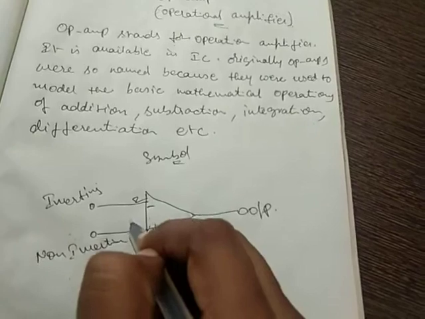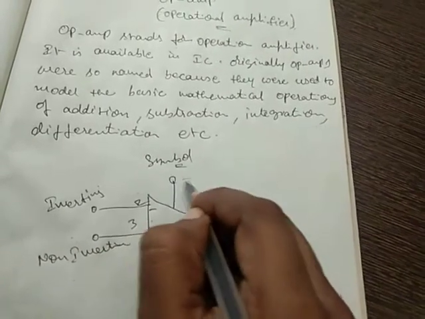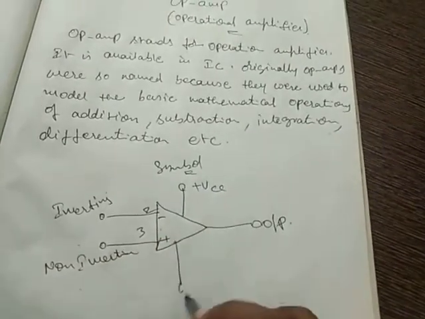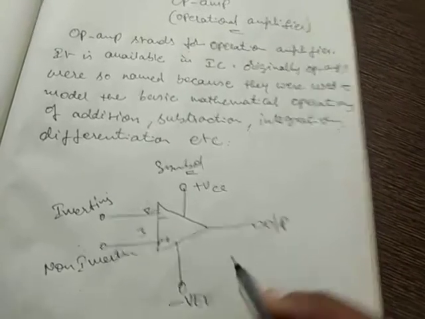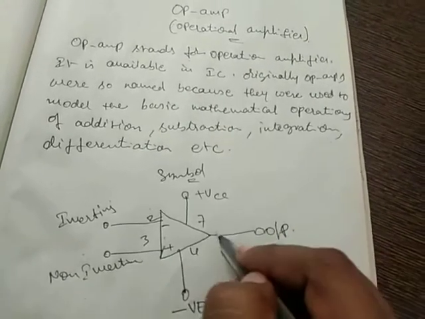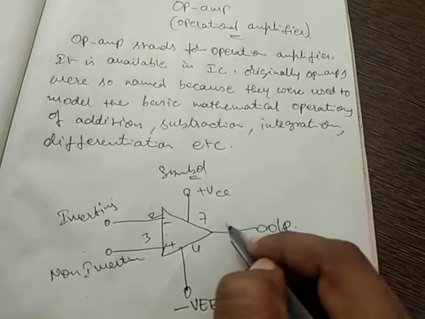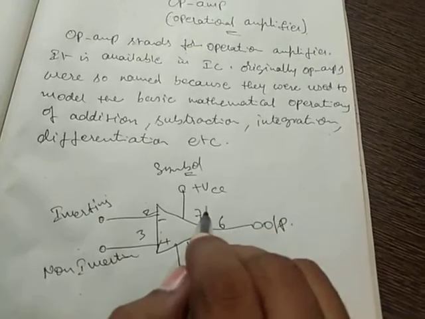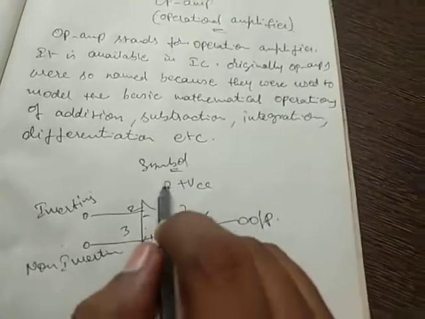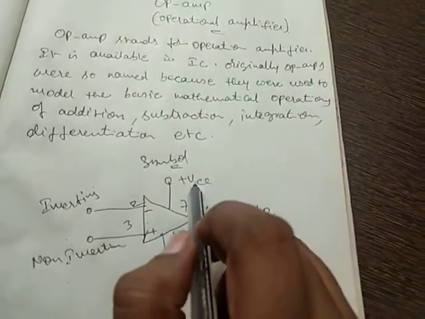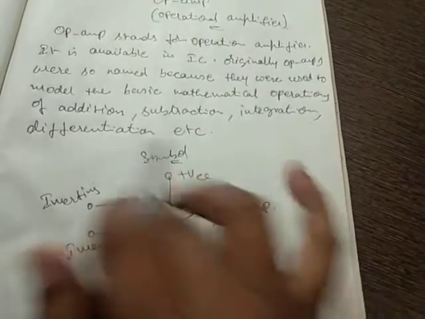This is the second pin, this is the third pin. This is plus VCC and this is minus VEE. This is pin 4, 7, and the output pin is the 6th pin. This is the basic symbol of the op amp along with its various terminals.